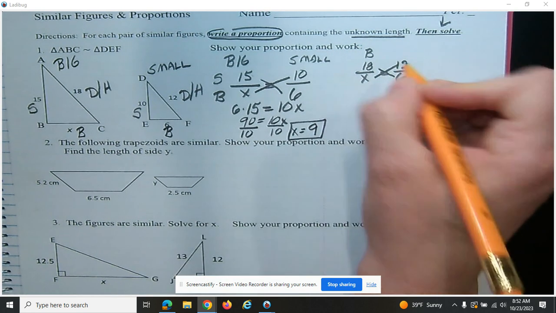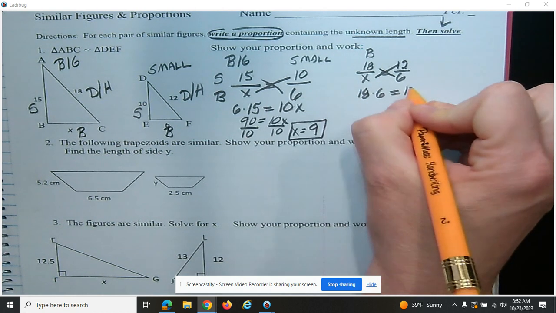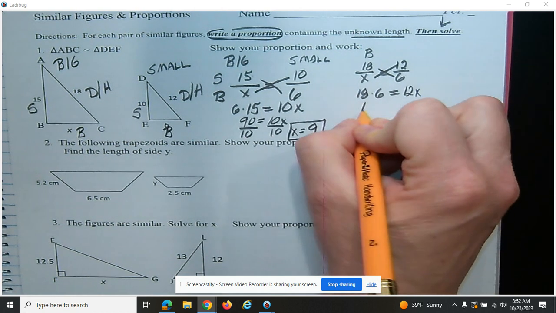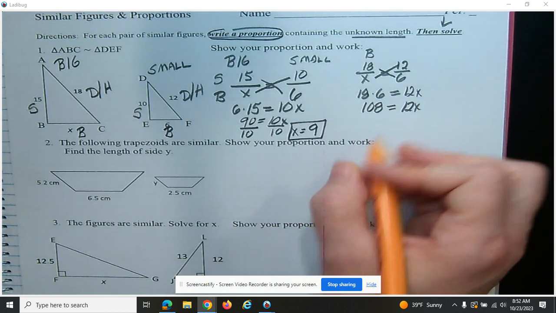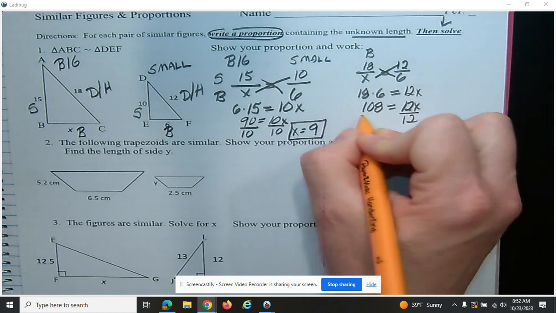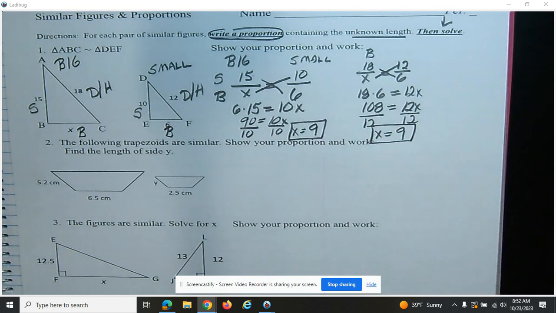When I cross multiply here, I would do 18 times 6 equals 12 times X. 18 times 6 is 108. I would divide by the 12. Again, this is 9. There are multiple ways to set up this proportion.